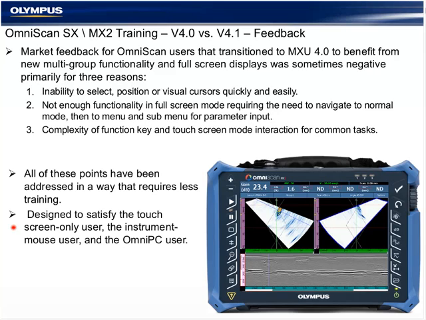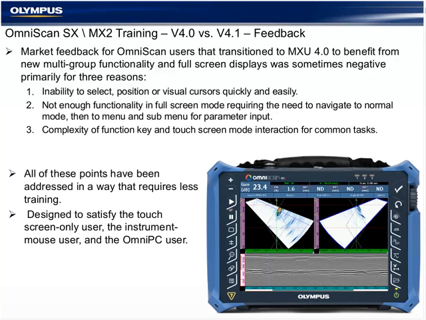And between the three environments where people use the OmniScan software that I explained, it required a little bit more training and practice, and ended up too much time of our training week was devoted to that. So there needed to be an easier solution. So the elimination of the touchscreen modes is particularly beneficial to OmniPC users, where a mouse and keyboard are always available.